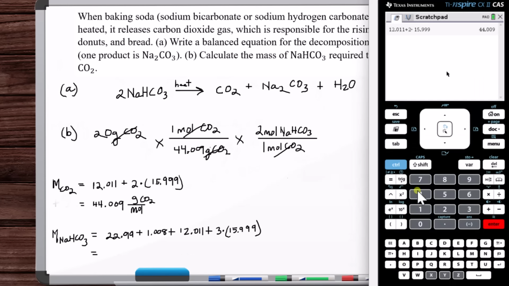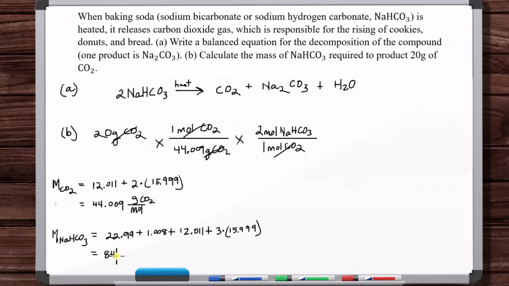Okay, that gives 84.006. And what is this? This is grams of NaHCO3 per mole of NaHCO3, per 1 mole.